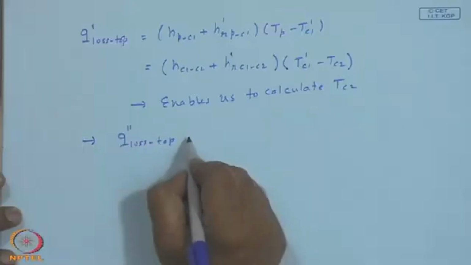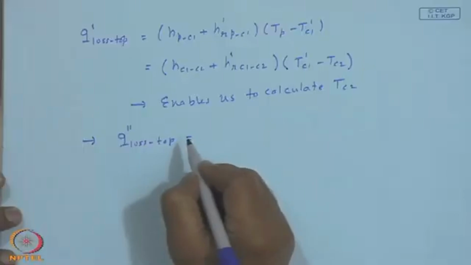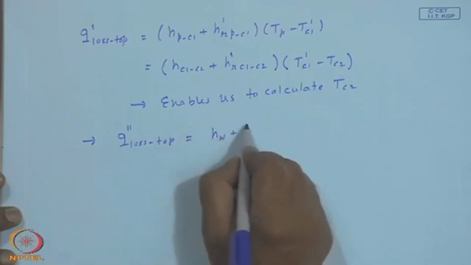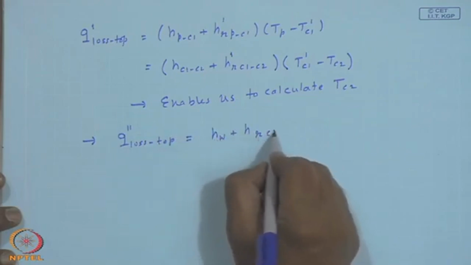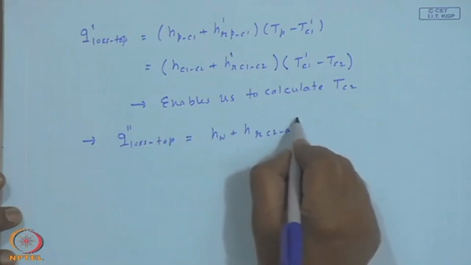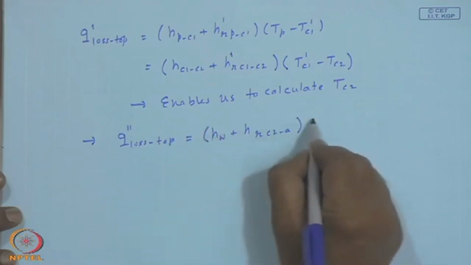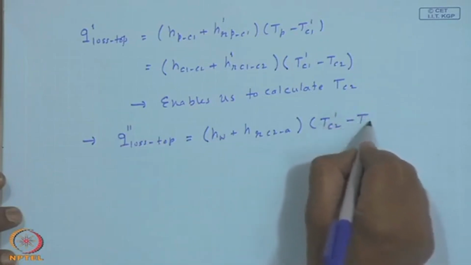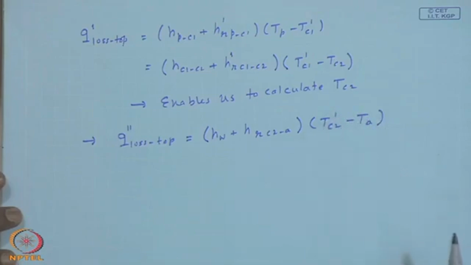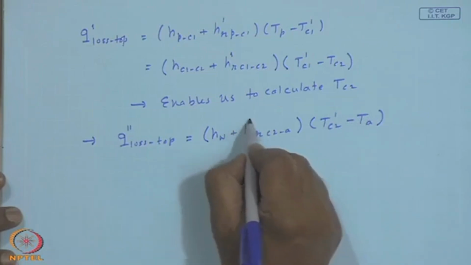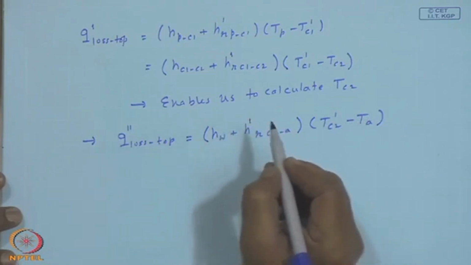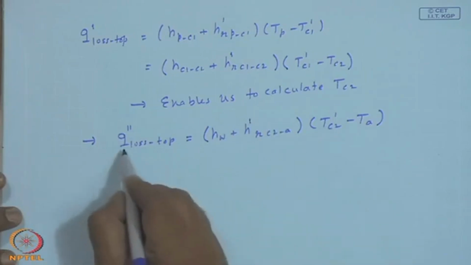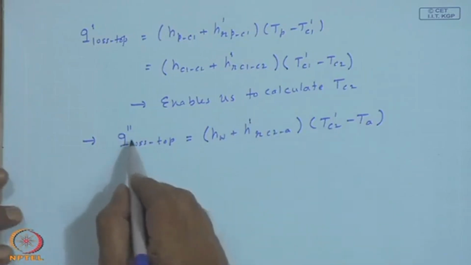Now, from the top cover I will get a different number, which will be H W plus H R C 2 A times T C 2 1 minus T A. If you want to be precise, we can call this H R C 2 A 1 because this has made use of T C 2 1. So, now what is the difference between these two?